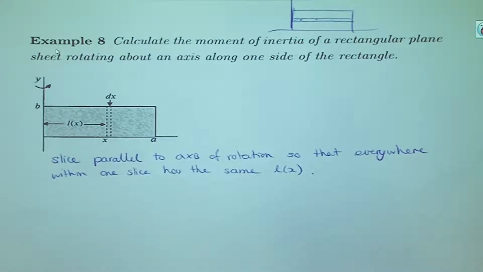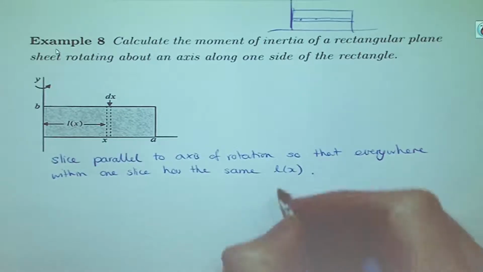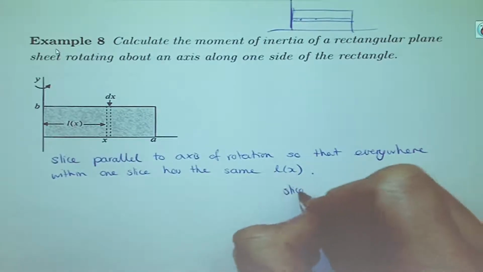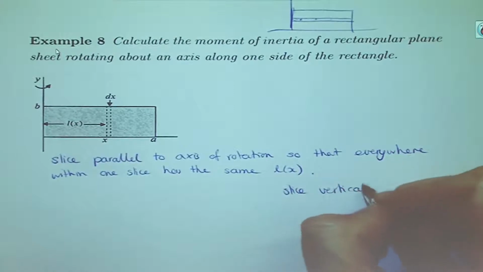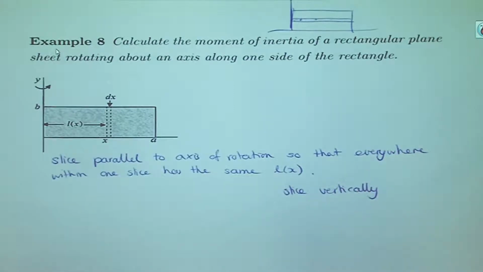Slice parallel to the axis of rotation so that everywhere within one slice has the same L. Okay? Because when we want to integrate, we're going to sum up the slices, right? So each slice has to have the same properties within that slice. Slice vertically.